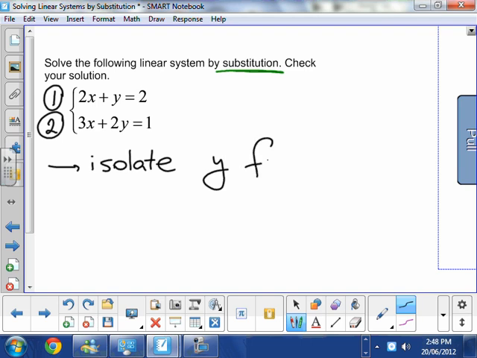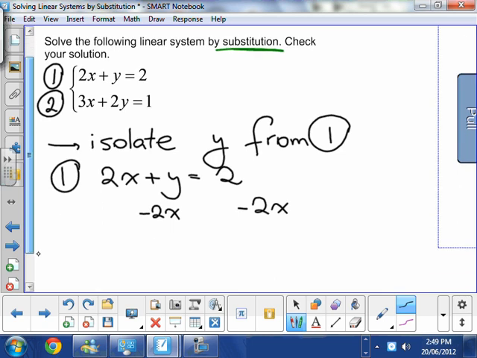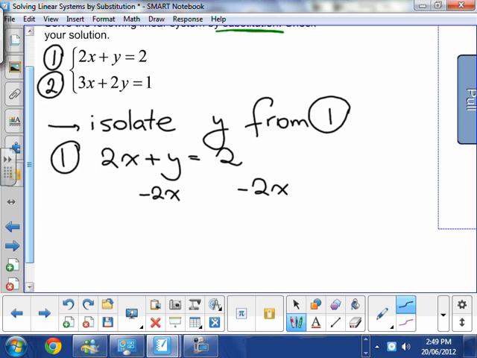So if I isolate y from 1, I will take that value and substitute it in the second equation. Why from 1 and not from 2? Well, in the second equation, if I had to isolate either y or x, at the end I would have to divide by either 2 or 3. And if I'm isolating from 1, the y coefficient is 1, so all I have to do is subtract 2x from both sides. Okay, so you convinced me.